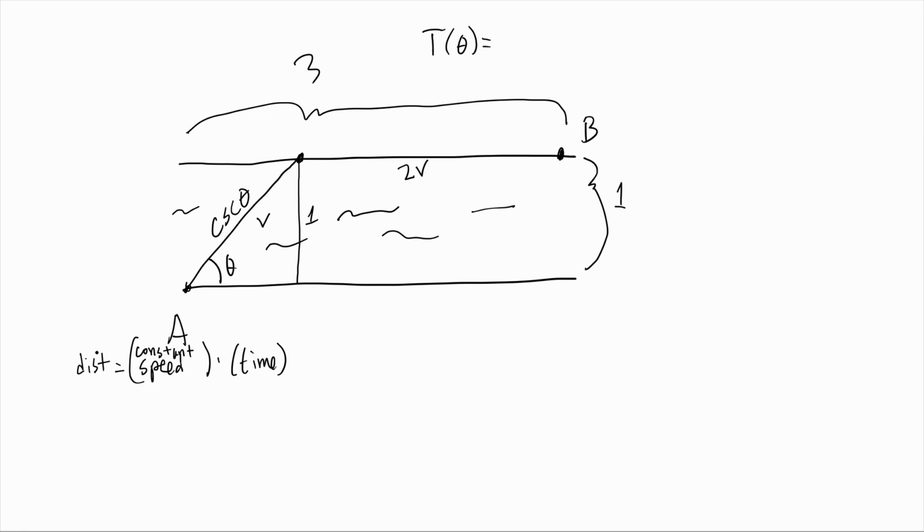So distance is equal to constant speed times time, and so how do you find time? By saying distance divided by the constant speed. So distance is cosecant theta.